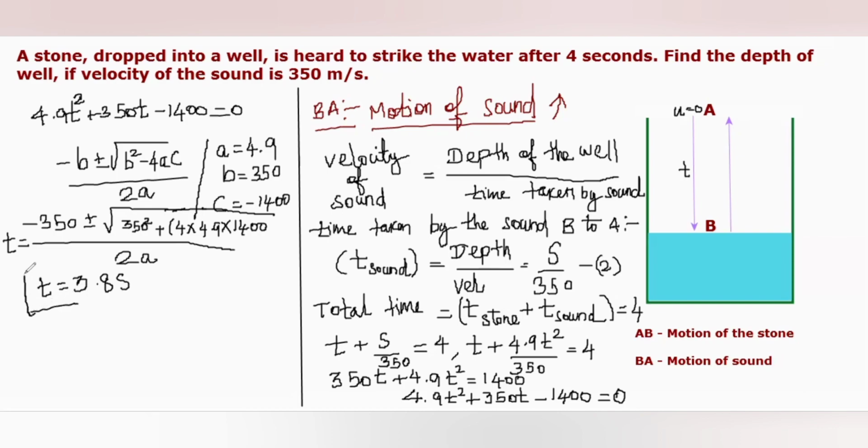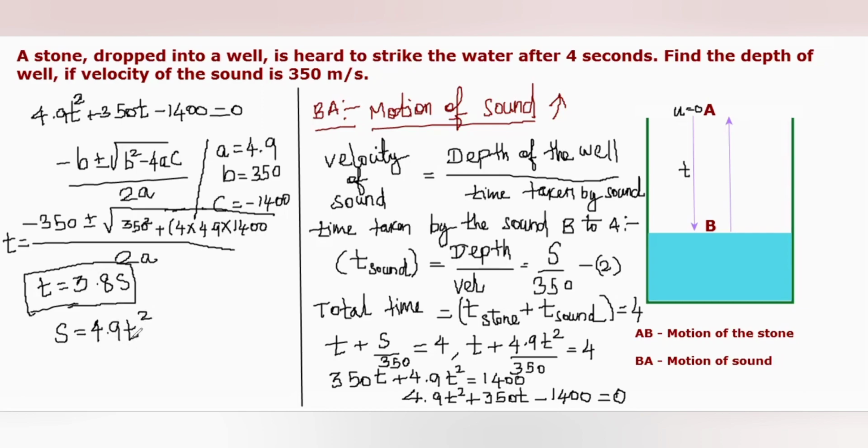This is the t, the time taken by the stone to reach the point B from the dropping point A. And we discussed equation 1, that is S, the depth of the well, equal to 4.9 t square.